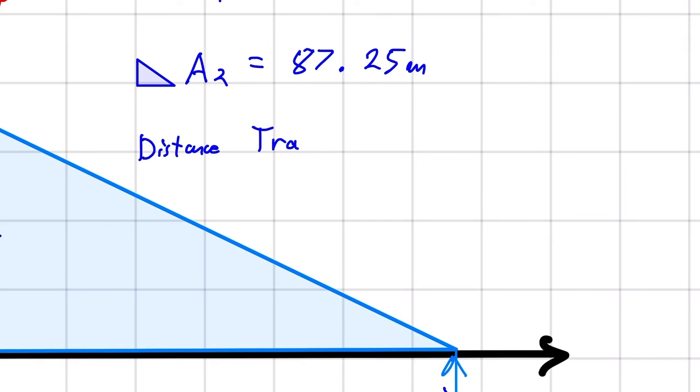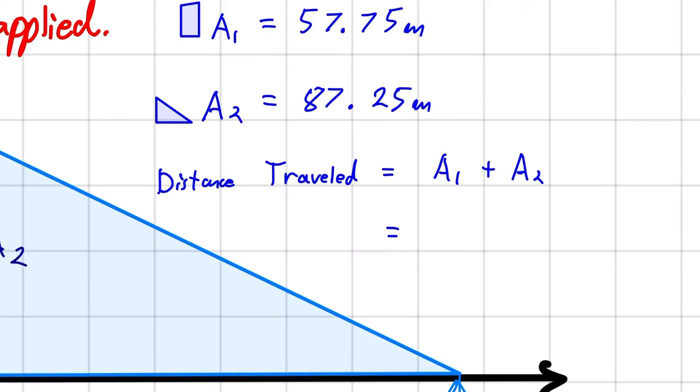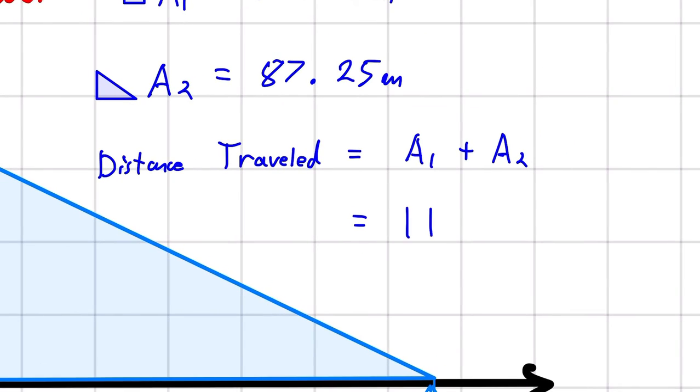The total distance traveled is equal to the area under the curve, so A1 plus A2. And when we add these two numbers together, we get an answer of 145 meters.